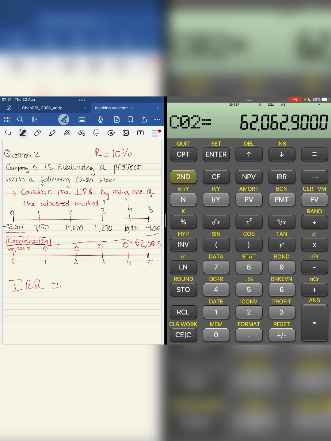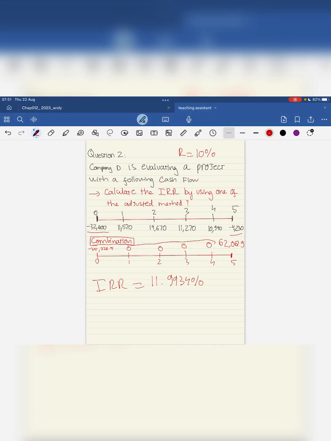Now, the next and the most important step to calculate IRR is simply pressing IRR and then CPT. The answer is 11.9934. So our final answer for this question is 11.9934%. And that's how you find the modified internal rate of return by using the combination approach.